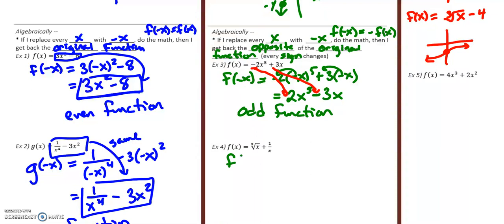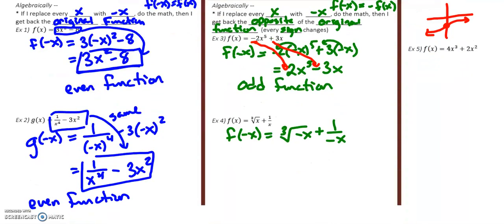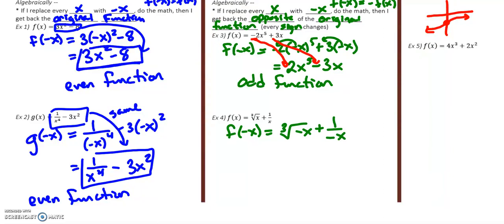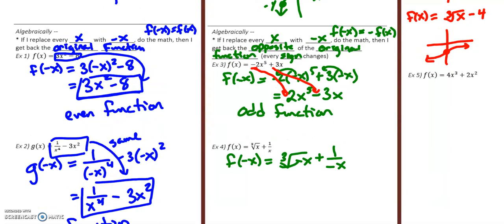So example 4, f of negative x is going to be the third root of negative x plus 1 over negative x. I know that negatives come out of third roots, and this negative can come up. So it's going to equal the negative third root of x minus 1 over x.